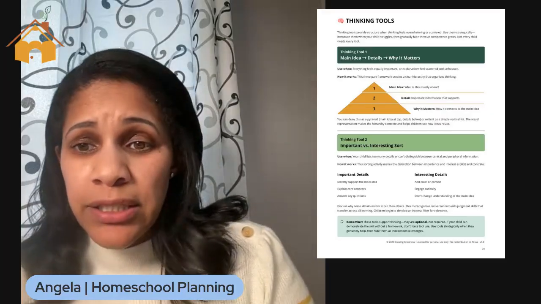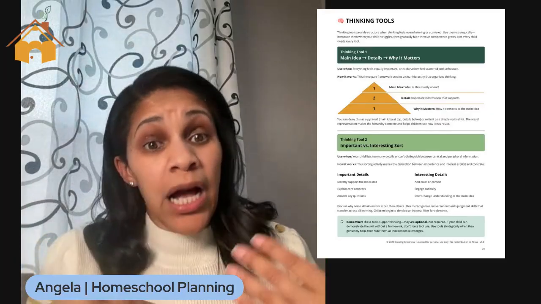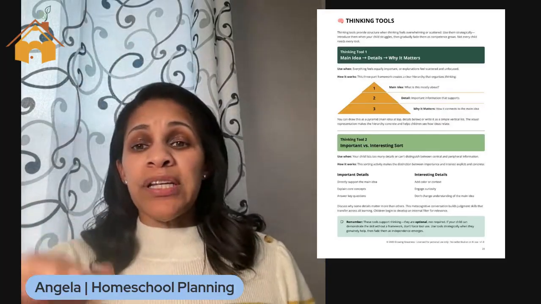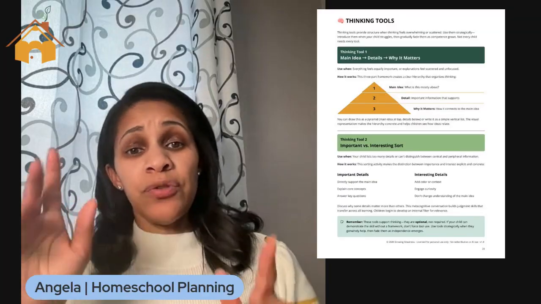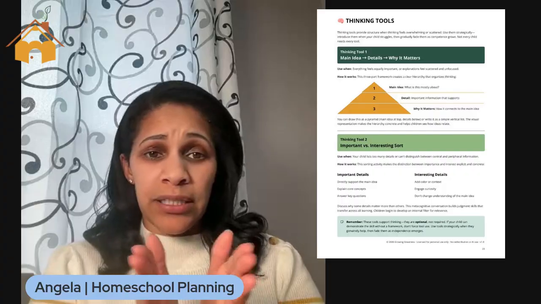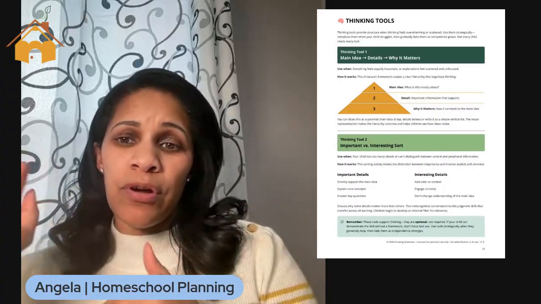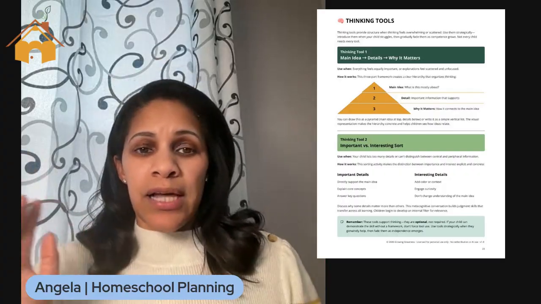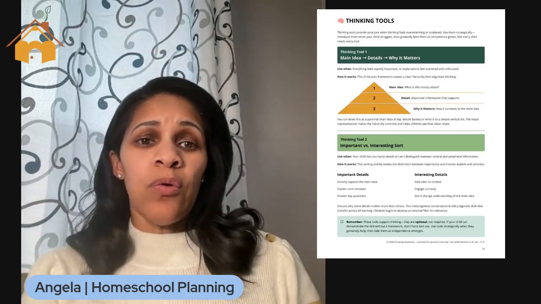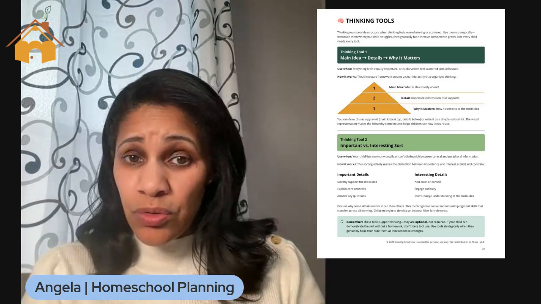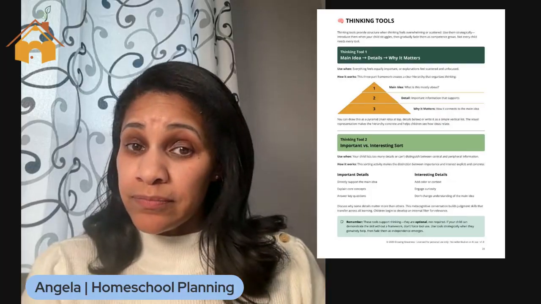But interesting details may be something that just adds color or adds context or something like that. So this activity is an important versus interesting sort. If you do this activity, it'll help your child to identify what's the important details from just interesting details that's not really the ones that we're looking for. So on day 3, we are going to add in some thinking tools if needed.